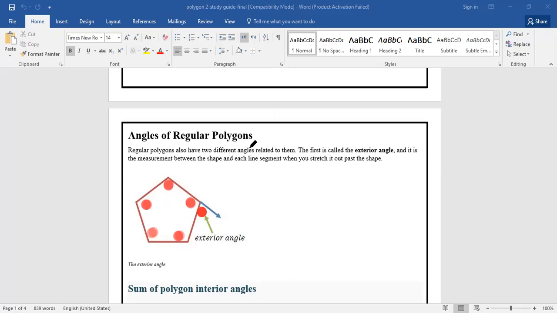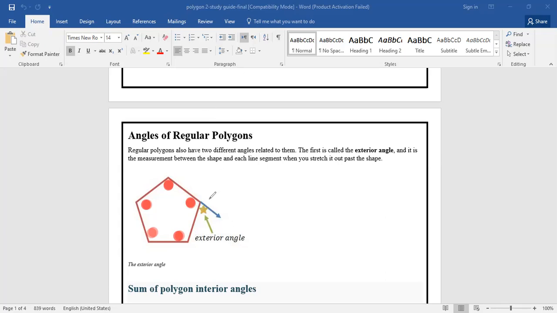Is there anyone who can tell me what is the relation between each interior and exterior angle in the regular polygon? This is exterior and this is interior. They're summed together.